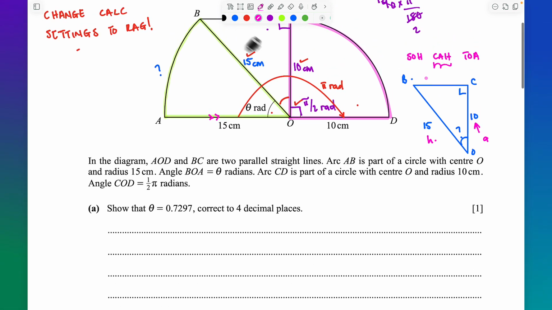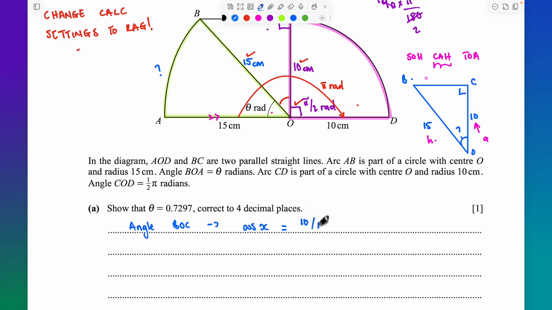So what we're trying to figure out is angle BOC. In order to calculate that, we say cos of that angle, let's call it x, is equal to adjacent over hypotenuse.